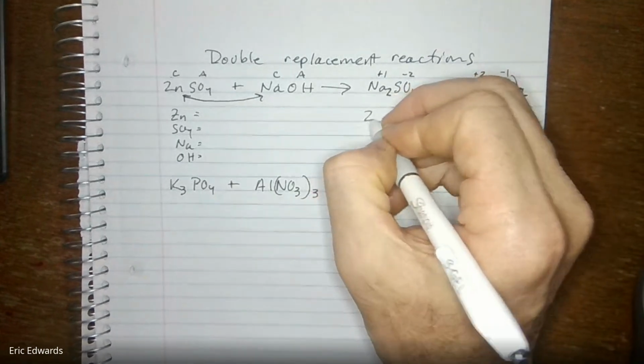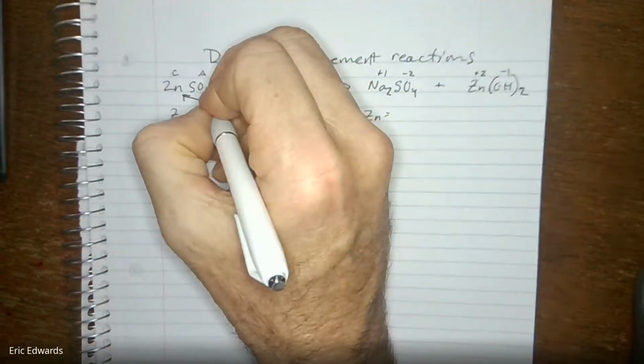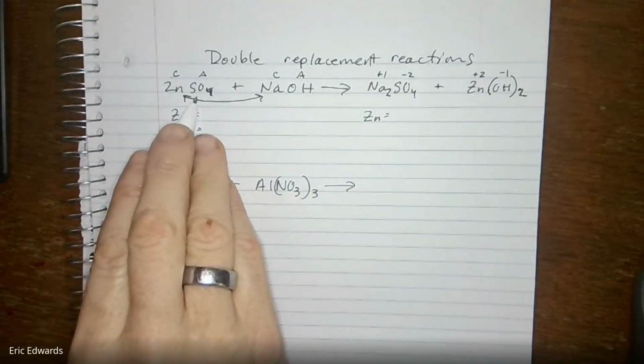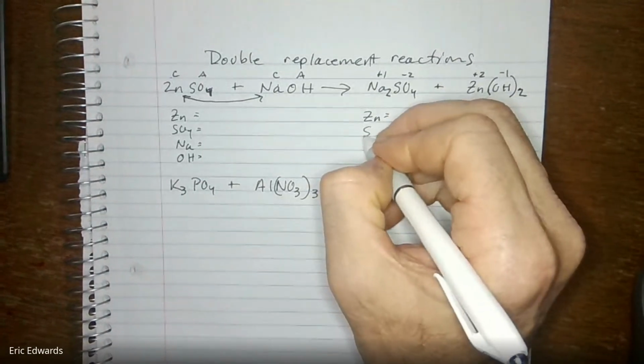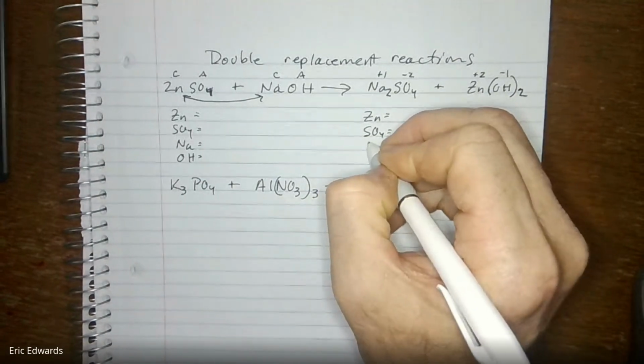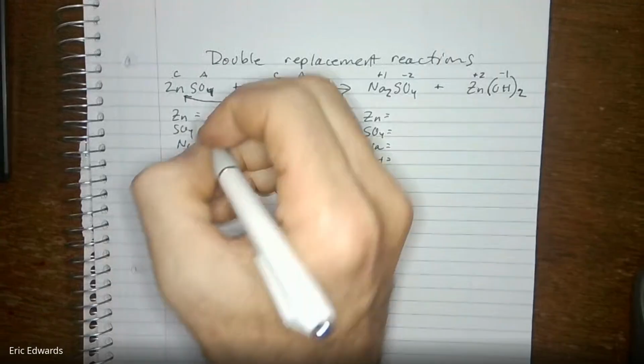I do not have to separate it. But I do have to make sure I put that subscript for that. That doesn't mean 4 of these. That means 1 SO4. Okay, so then I put my SO4 here, I put my sodium here, and I put my hydroxide here. So now I'm going to take inventory.